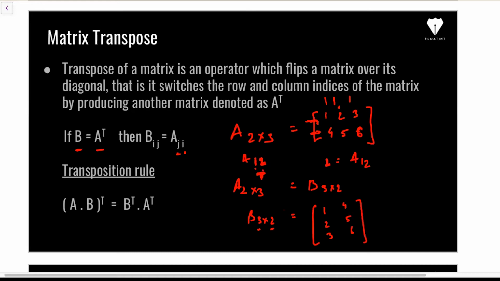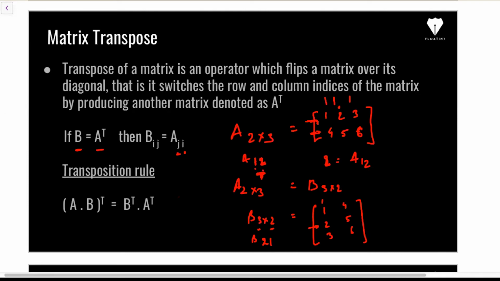So what happened? Now you see in this case A 1, 2 in the A matrix was 2. But now you see 2 has come to A 2, 1, the second row, first one. So it has now been interchanged. That is the concept here.